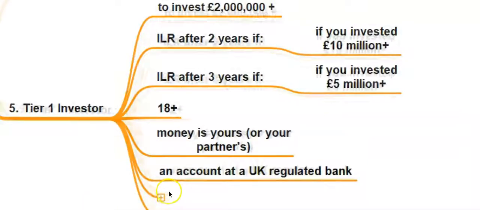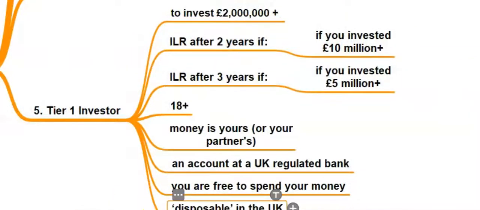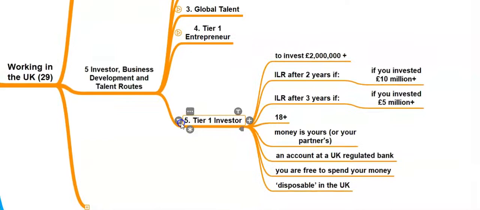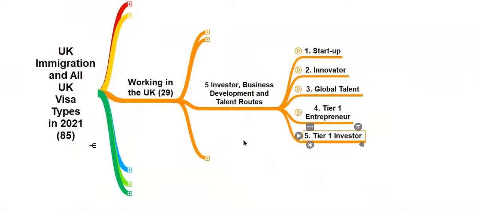And also you'll need to prove that you are free to spend your money. So in other words, they are going to be disposable in the UK. Your money can be in the UK or overseas when you apply. And these were our 5 investor business development and talent UK immigration routes.